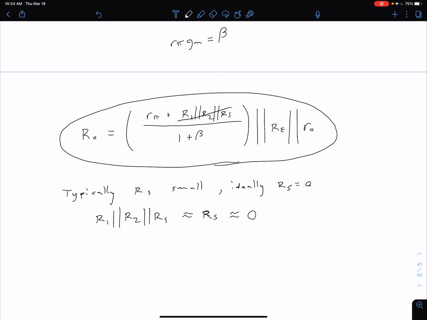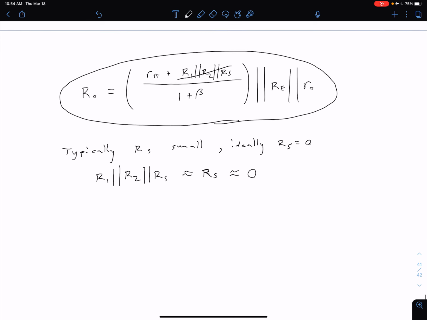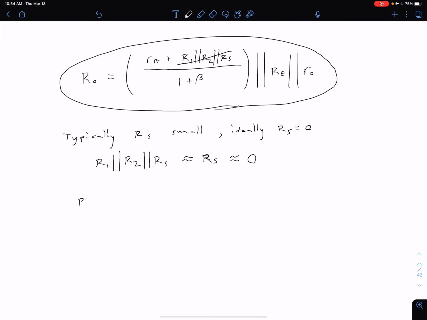So now we have R pi over 1 plus beta in parallel with Re and R naught. Remember, our Re and our R naught are typically going to be a few k ohms, not even into tens of k ohms usually. Re sometimes will be even smaller than that. For example, in the circuit we saw, it was set as 2k. With our common emitter circuits, we saw it was hundreds of ohms.